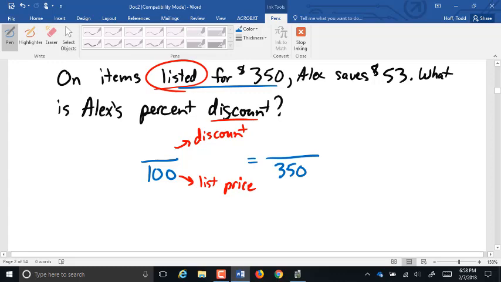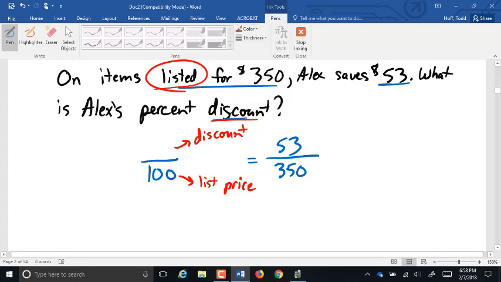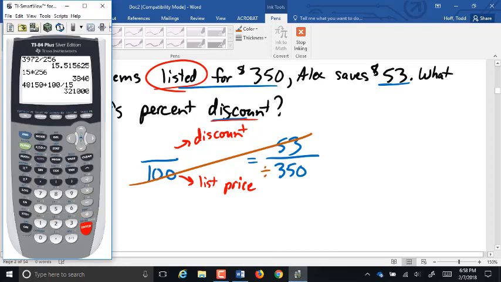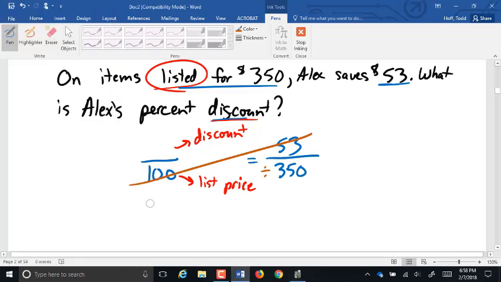The 53 then represents the discount. That goes on top. We shall cross multiply and divide: 100 times 53 divided by 350. We get 15.142857. Yeah, 15.14%, we'll call it. So 15.14% discount.